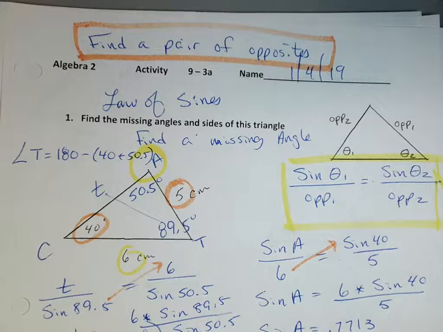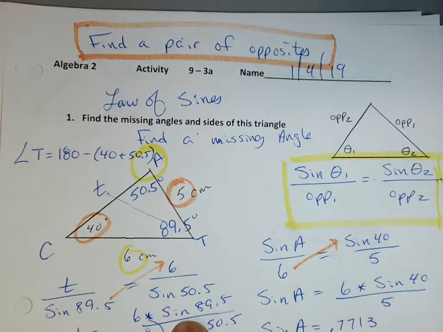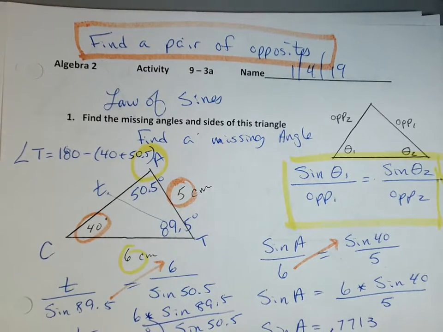It's not hard. Divided by sine of 50.5, and I get an answer of about, no, that's not right. Try that again. 6 sine 89.5 divided by sine 50.5. How about an answer of about 7.77?